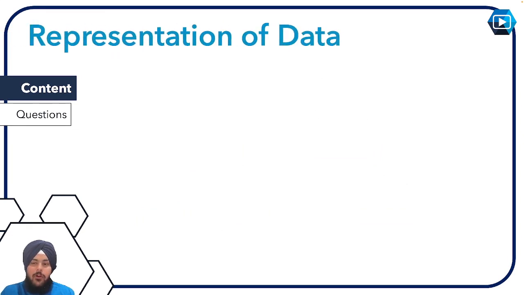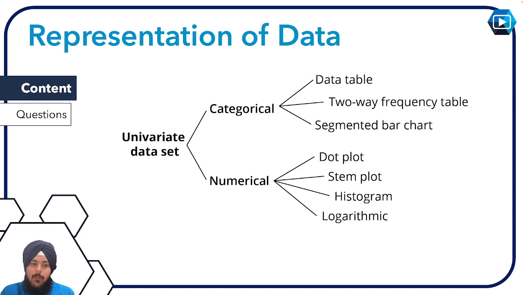Okay, so now that we know the different types of variables that we can have, we'll be looking at how we might represent the data depending on what type of data set we have. For univariate data sets with either categorical variables or numerical variables, we can represent them in many different ways, and depending on what type of data you have, there will be a more appropriate way in which you can graph that data.